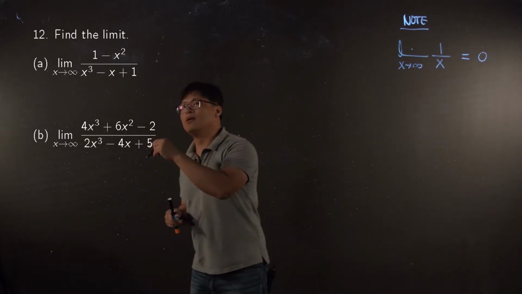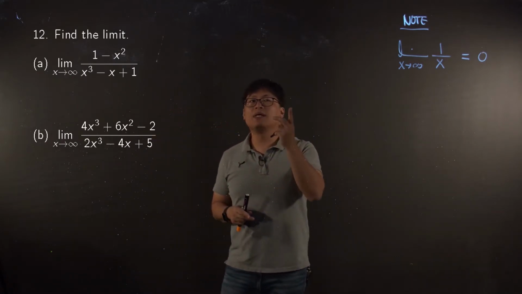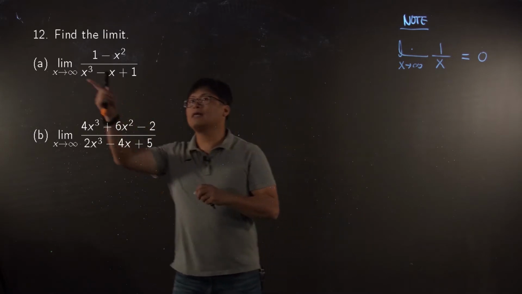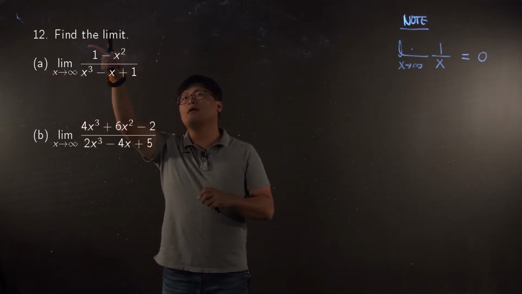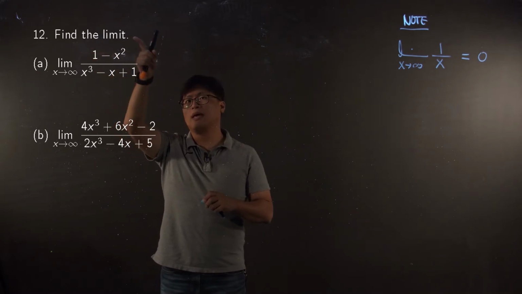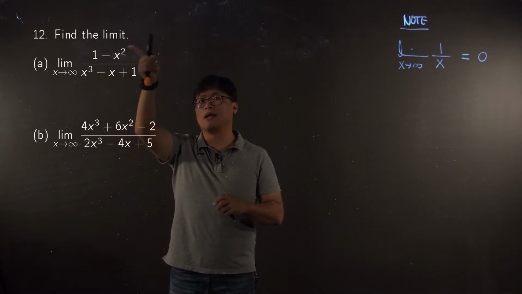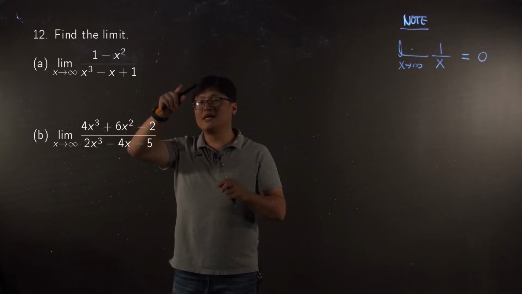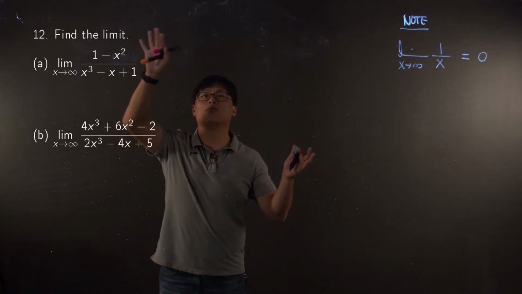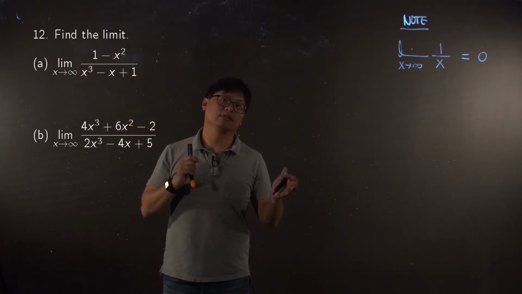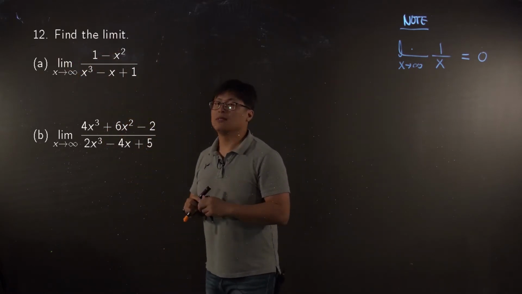So in this problem, we have to understand the speed of your function when x goes to infinity, okay? Look at your numerator. 1 is just 1, but x squared is getting bigger and bigger, okay? Which means if you have a big x value, the x squared term will dominate your numerator. Does it make sense? And what about the denominator? Same situation.